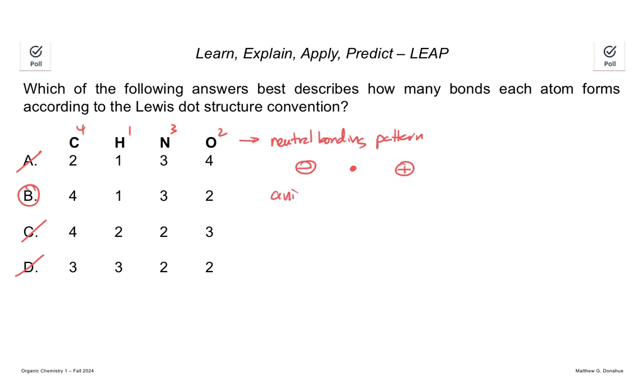So anion, radical, or cation. And so we're typically just talking about the neutral bonding pattern. And if something isn't in its neutral pattern, then it's going to have one of these other situations.